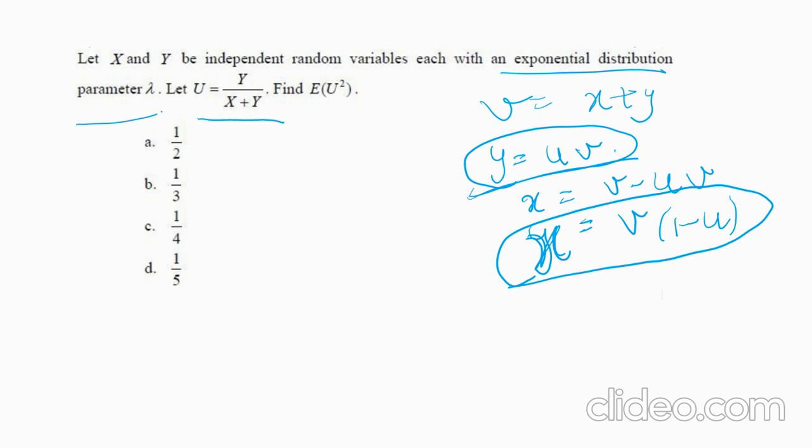X and y are both independent random variables and both follow exponential lambda. So it will be e to the power minus (x1 plus x2) lambda, and similarly for the next one also.